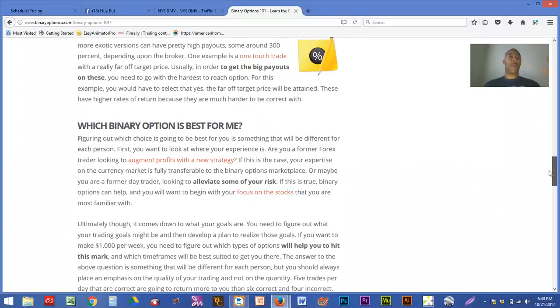So based on the market conditions, you find a market instrument that you feel you can identify what direction it's going in. And after that, it's just a matter of figuring out how much money you want to leverage on that trade, how long you want to stay in that trade, and where you want to get into that trade. Okay, what levels. And we're going to discuss all of these as we get deeper into this course.